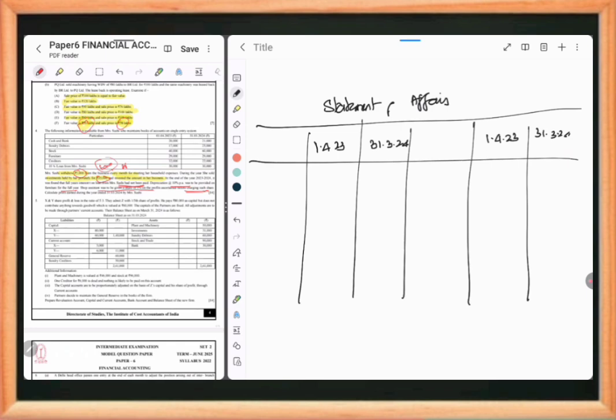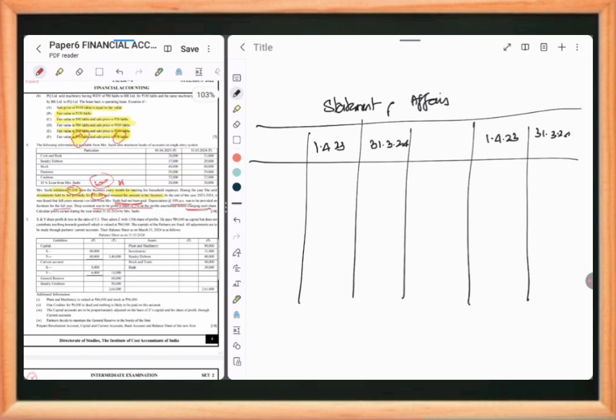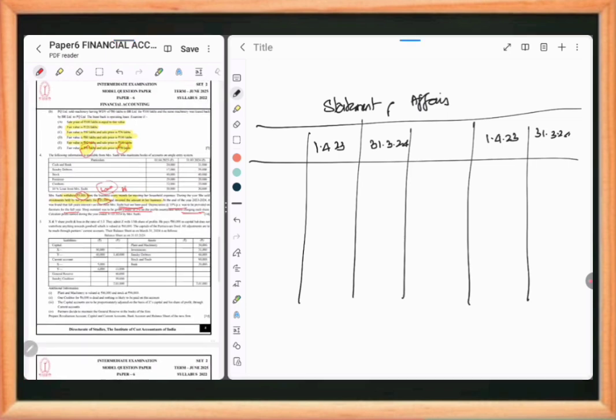So here cash and bank balance. How much? 20,000, 21,000. And then sundry debtors, 17,000 and then 25,000. And then stock, 40,000, 60,000.